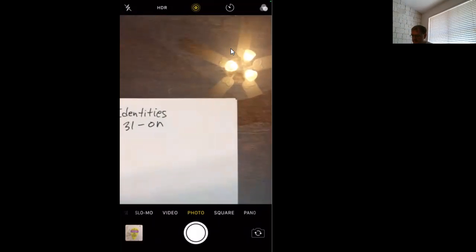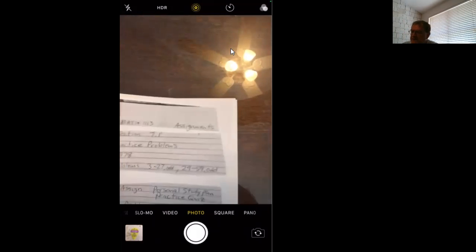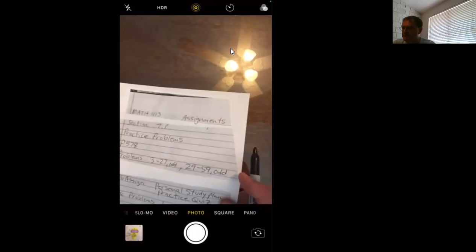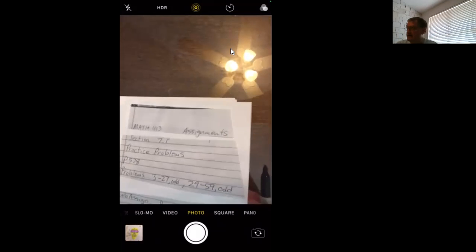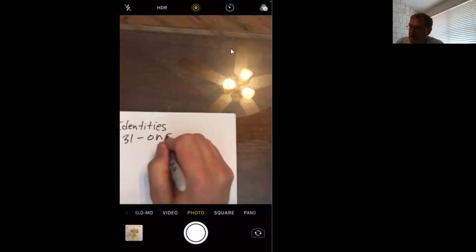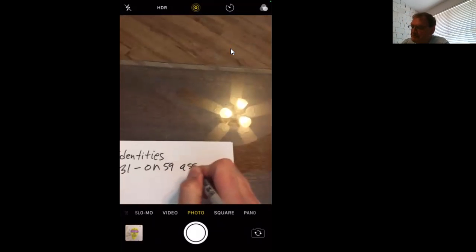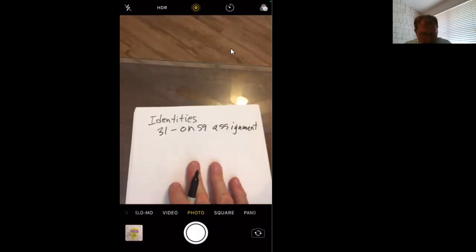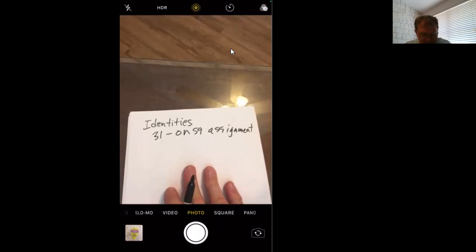Let's see. Quit on them to 59 because there's a bunch of them. So it's like not quite halfway down the second column. 3 to 27, simplifying, and then 31 to 59. Assignment. You can try some of the others if you want. How much practice you think you need?